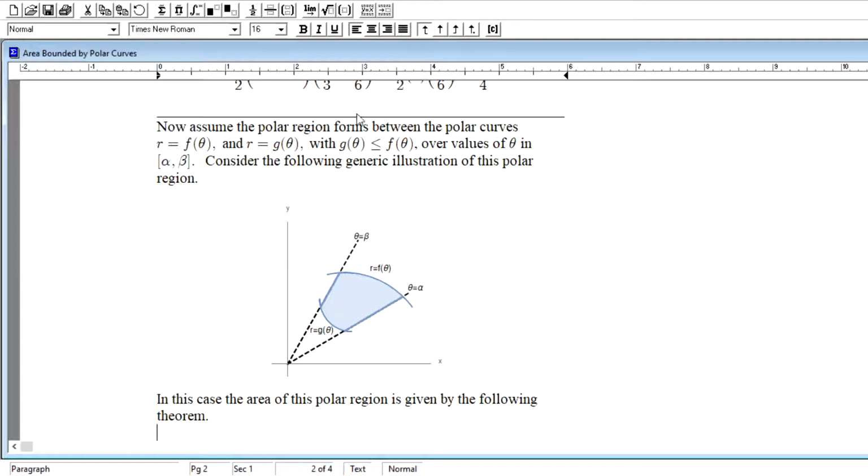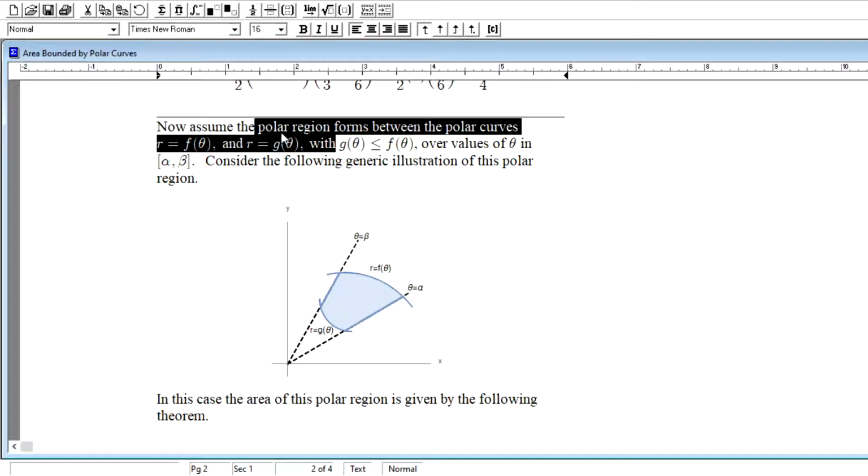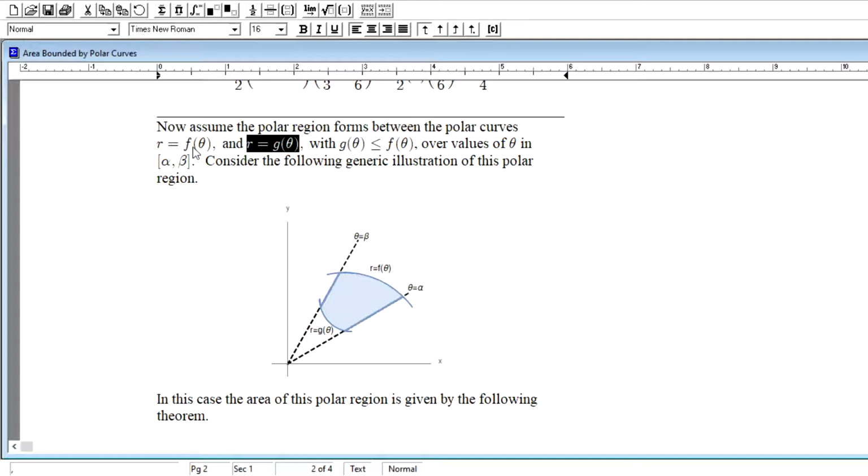Now let's assume that the polar region we're looking at is not rectangular in shape. In this case we might consider it forming between two separate polar curves, not necessarily circular in behavior: the polar curve r equals f of theta, and the curve r equals g of theta, where what's unique about their relationship is that g of theta is always smaller than or equal to f of theta.